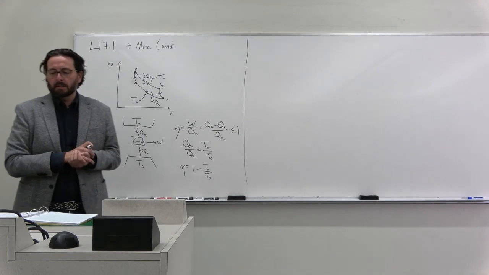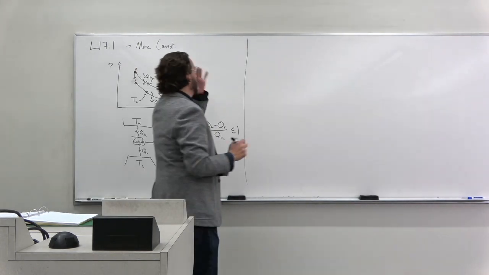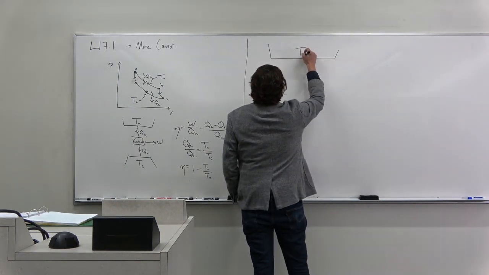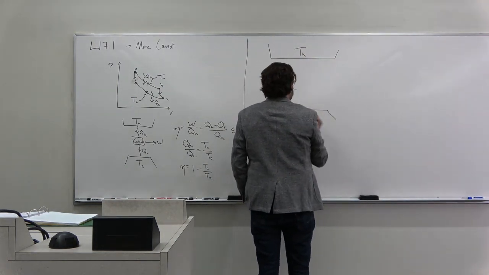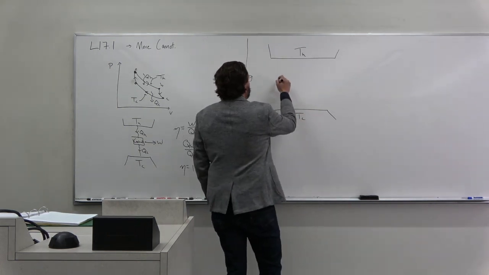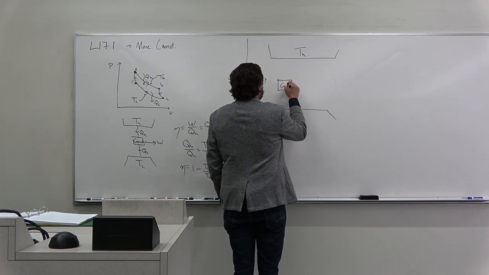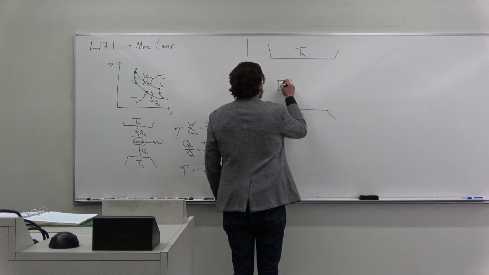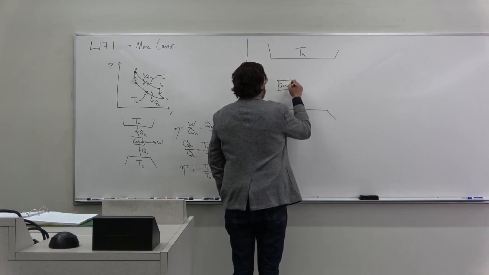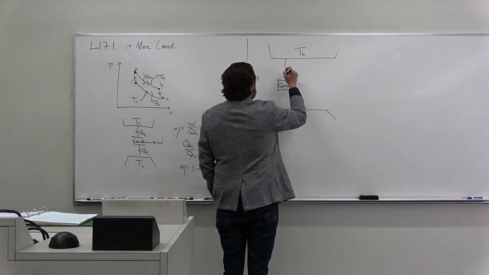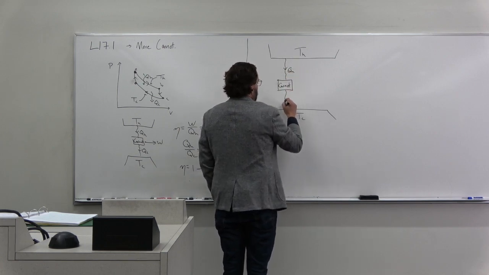Okay, so let's imagine doing the following. Let's imagine building two engines, both with the same heat reservoir. Both a hot reservoir and a cold reservoir. And so let's put a Carnot cycle, a Carnot engine, I mean. And imagine having some heat come in, having some heat go out.